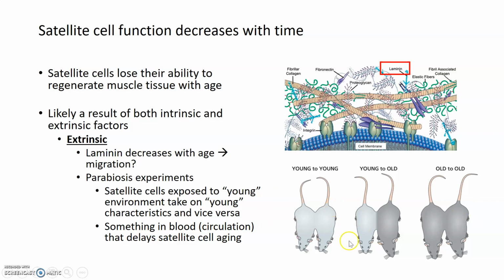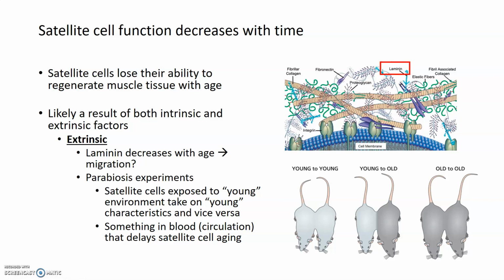So you can see two young mice joined together that are now sharing a circulatory system, two old mice, and then a young and an old mouse. In these experiments, satellite cells from an old mouse that are exposed to the young environment start to take on young characteristics, whereas young satellite cells that are exposed to the old environment via the circulation take on old characteristics.